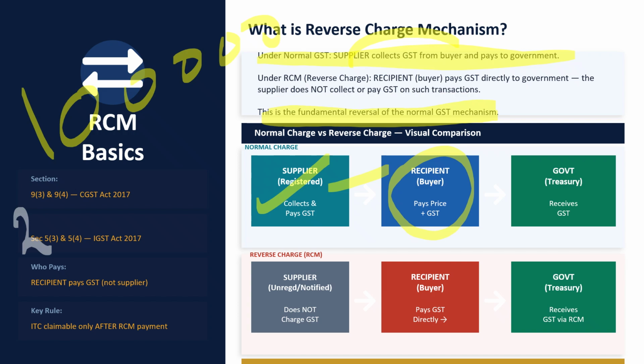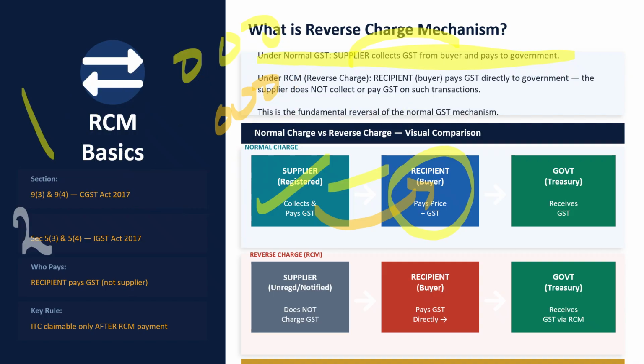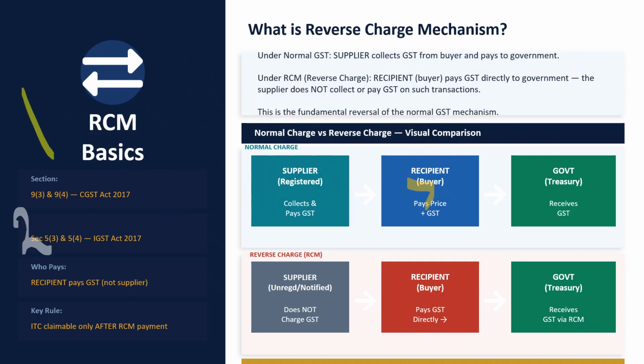So they collect 18,000 and pay it to the government. That is how it works under the normal mechanism. But under reverse charge mechanism, the supplier does not charge GST at all. First of all, the supplier will not charge GST. The buyer pays directly to the government.